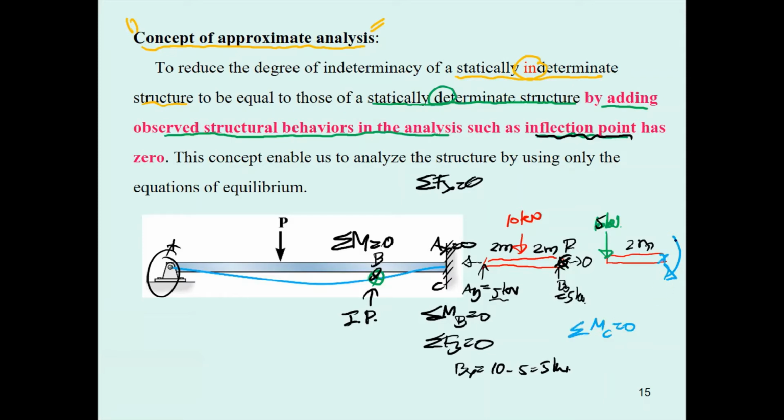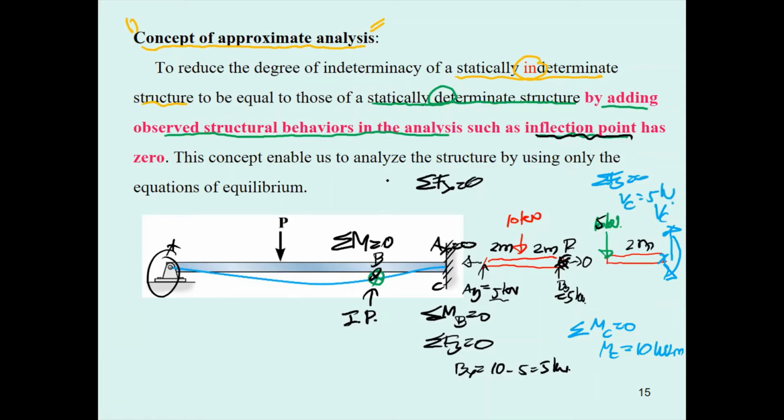Take the moment here, even though there is the shear over here, the shear V sub C is gone. Okay, so you have M sub C equal to 10 kilonewton meter, 5 times 2, and you do the summation of F sub y equal to 0, V sub C equal to 5 kilonewton.